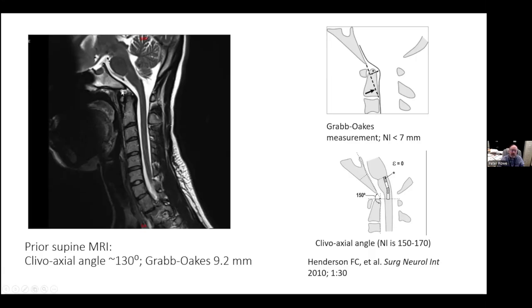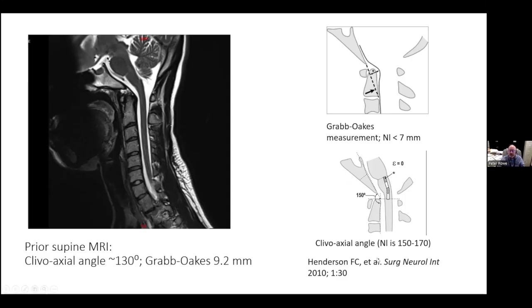So here's me drawing the line down this way, and then the perpendicular here measured 9.2 millimeters. It should be less than 7. Others say less than 8. But anything more than that suggests some ligamentous instability at the skull base.